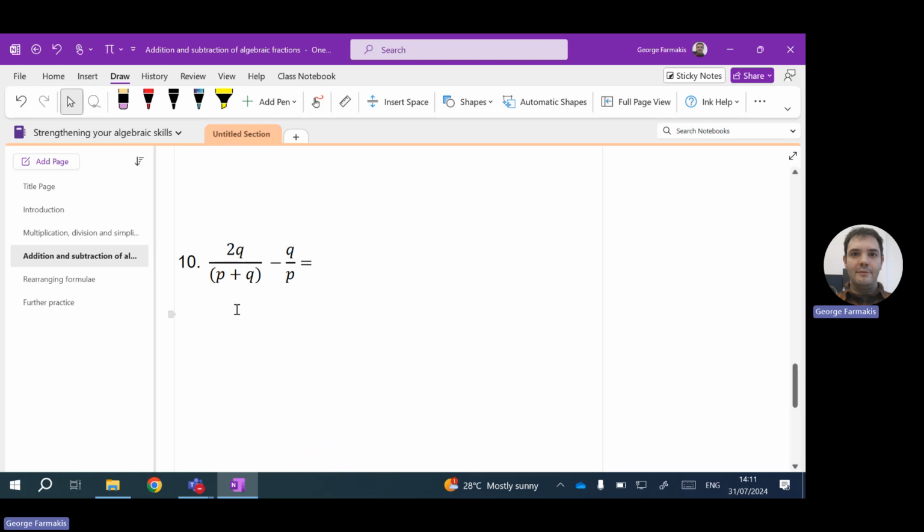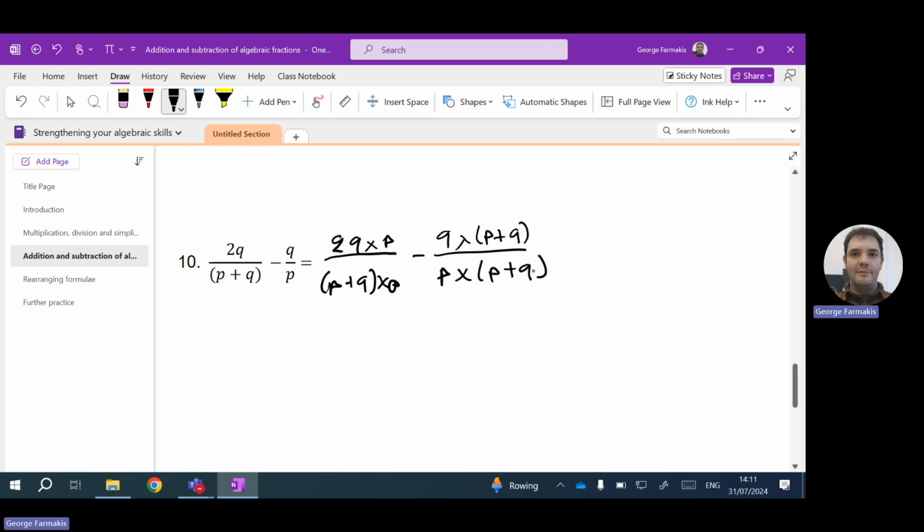Okay, let's do 10. So for 10, again, we have different denominators. In order to convert the fractions to an equivalent form so that both of them have the same denominator, what we can do, we can take the first fraction, 2q over p minus q, multiply both numerator and denominator with the denominator of the second fraction, so times p plus q, and we multiply with p minus q times p plus q.